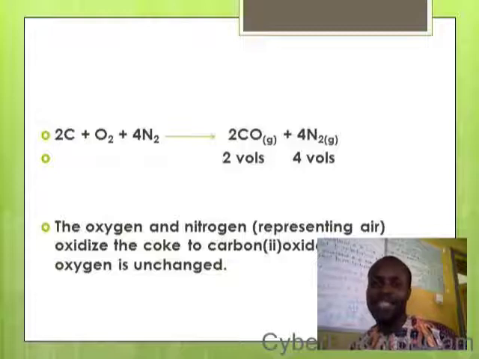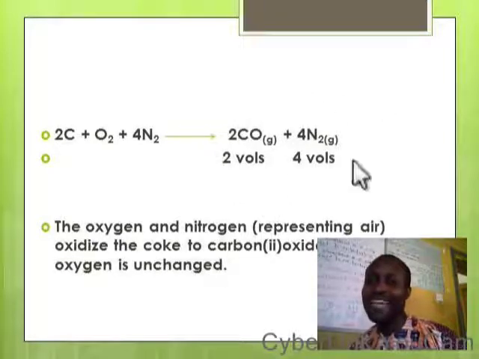Now, this is the producer gas. Join this to this. These are not separate gases. It is not carbon(II) oxide and nitrogen separately. These two in a container is called producer gas. That is when carbon reacts with oxygen and nitrogen, which react with air. Oxygen and nitrogen are components of air.